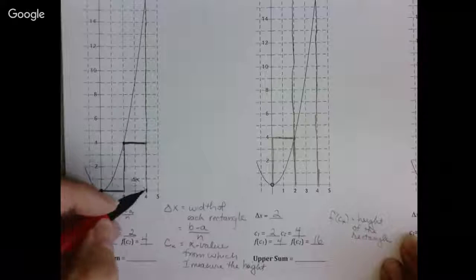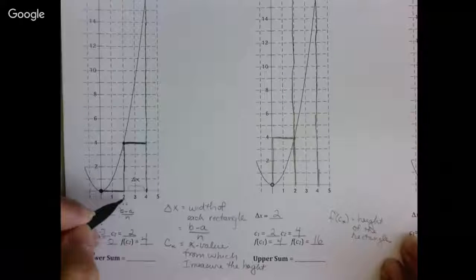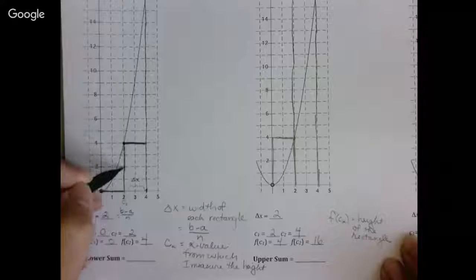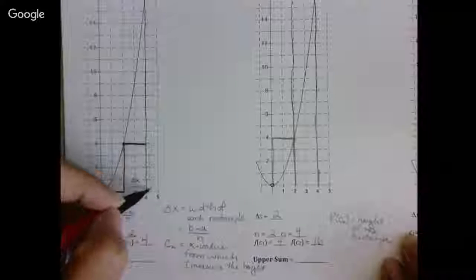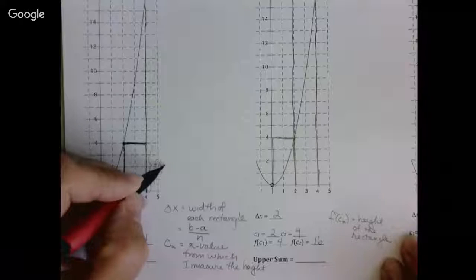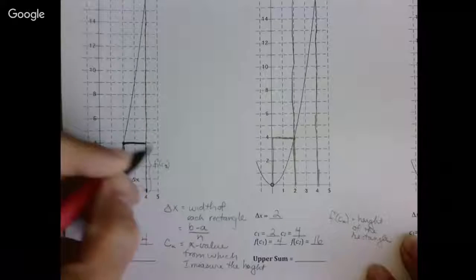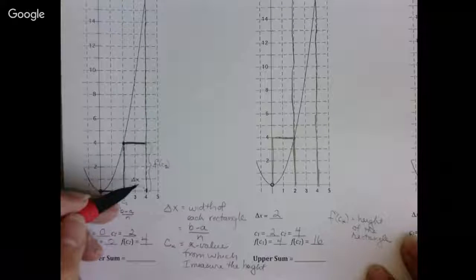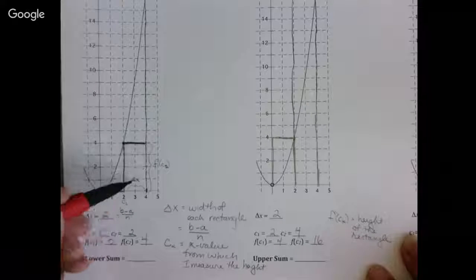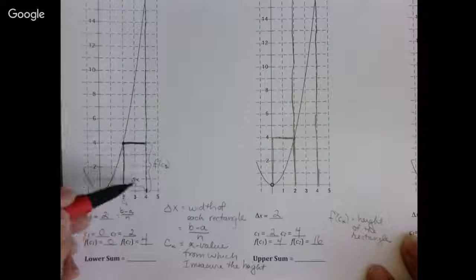And C sub k is the x value from which I measured the height of my rectangle, and f of C2 is the height of my second rectangle. And so delta x times f of C2 would give me the area of this rectangle.